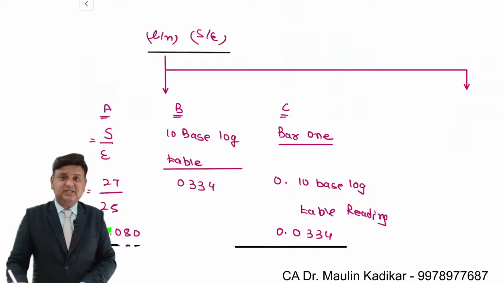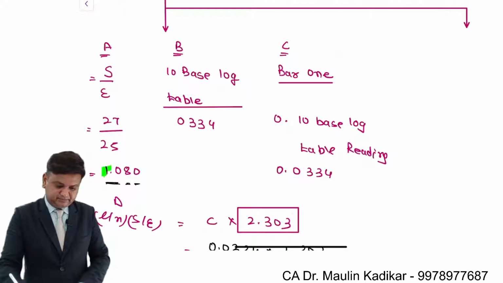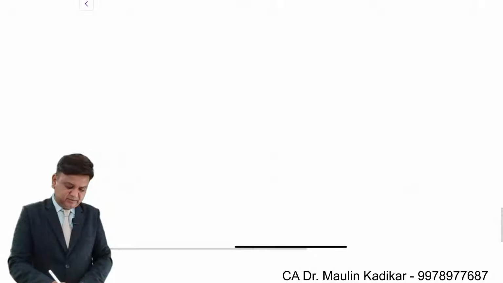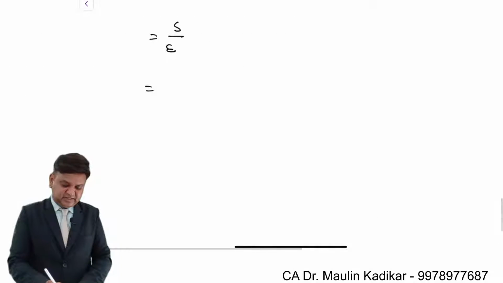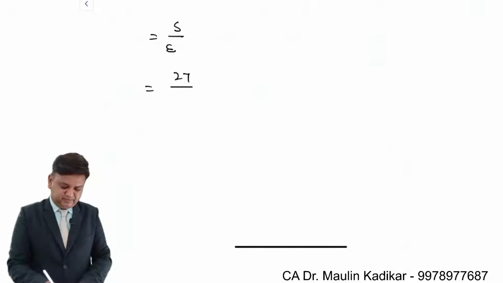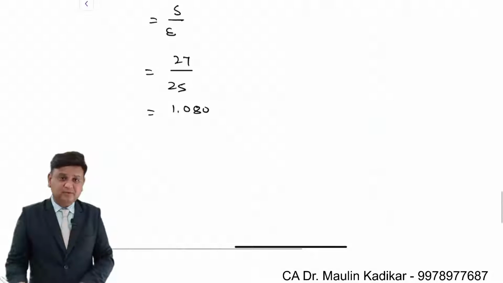At the same time, there is a shortcut method. The shortcut method is like this. It is S divided by E once again. What is the value of S? It is 27. What is the value of E? It is 25. It is 1.080.